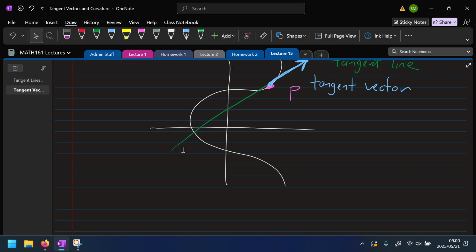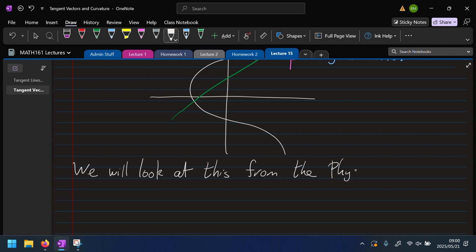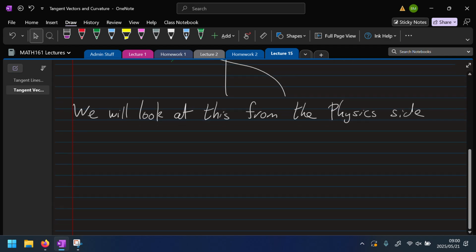Same idea, but we will look at this from the physics side. We're going to be dealing with positions of particles, velocity, acceleration, forces, and so on. But you must always keep in mind this picture, with the tangent vector along the tangent line.